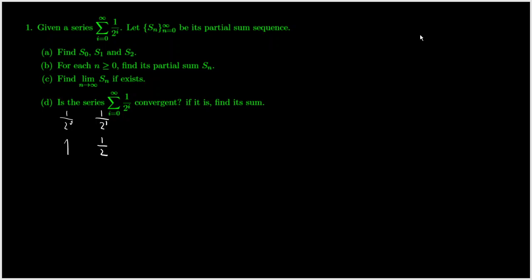I think you can see the pattern. The summation notation means the sum. So the series, if you do not use the summation notation, means initial term 1, plus the next term 1/2. I'll call 1/2 term 1. And then the term after that, term 2, is going to be 1/4, right?